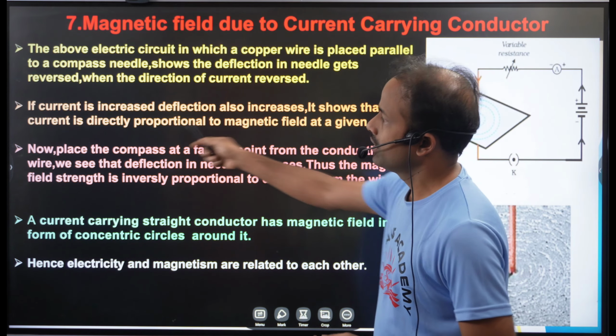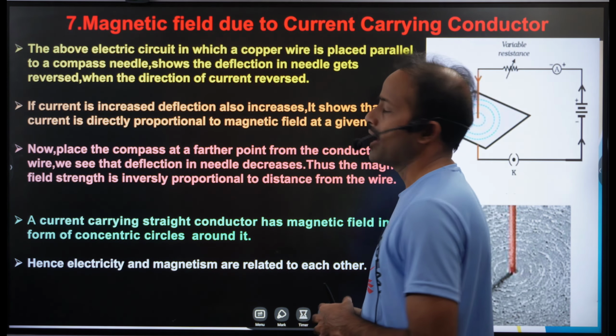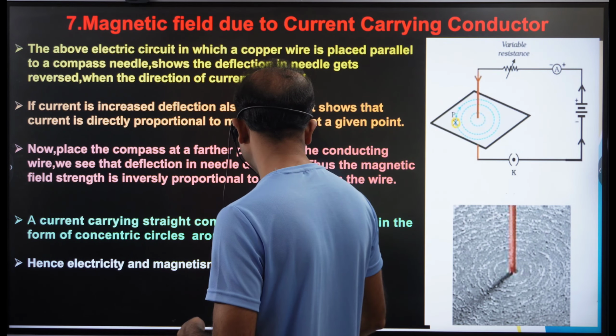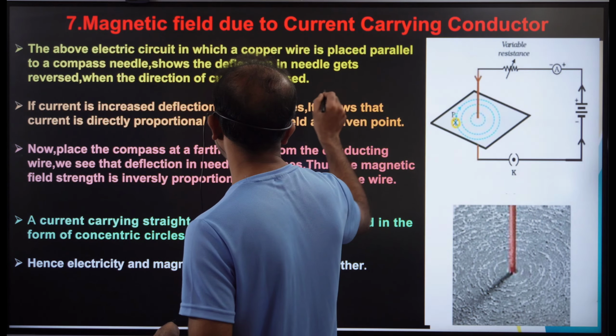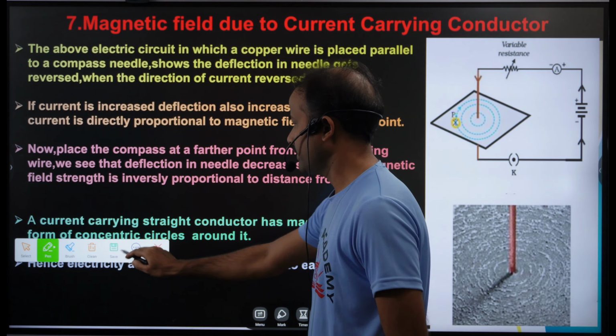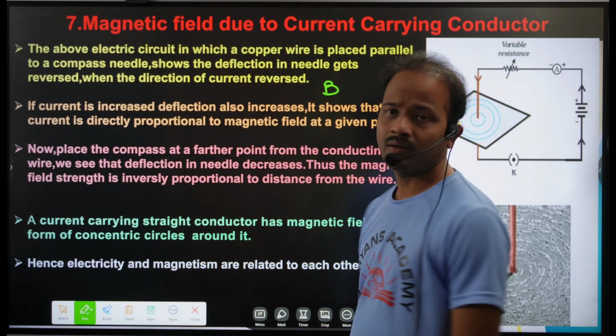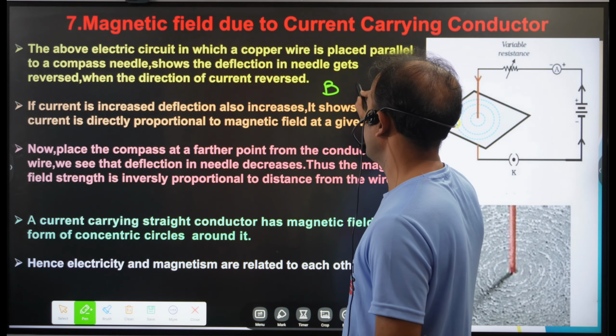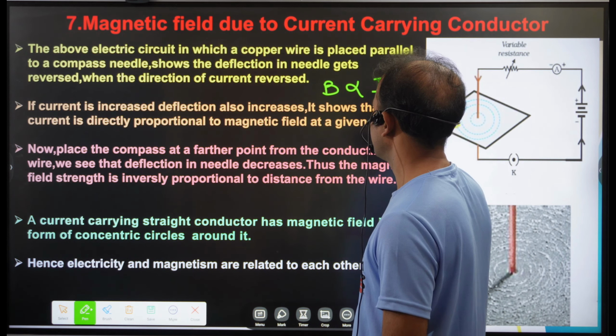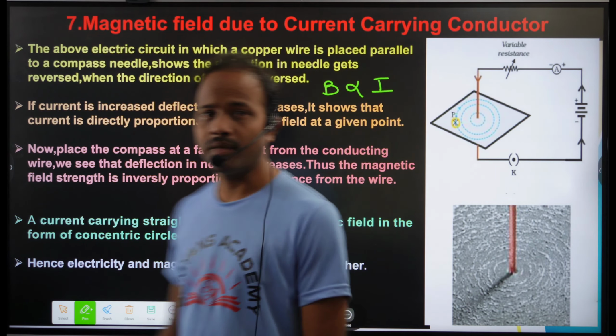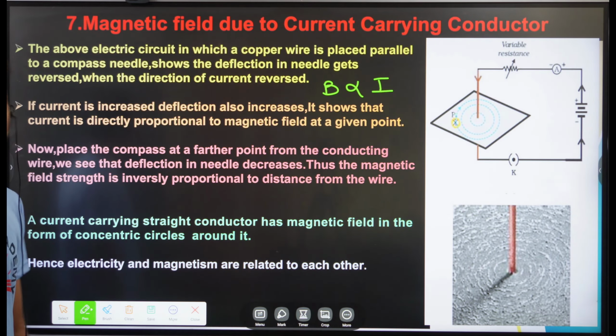It shows that current is directly proportional to the magnetic field at a given point. Here the magnetic field is indicated with the letter B. The magnetic field strength increases when there is an increase in the current. That means B is directly proportional to I.